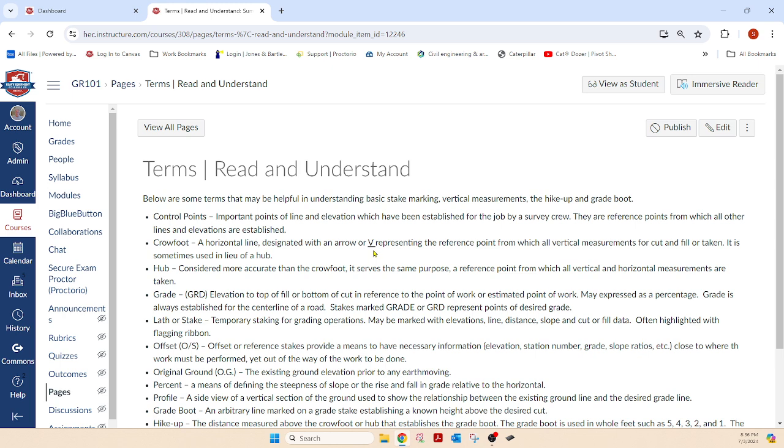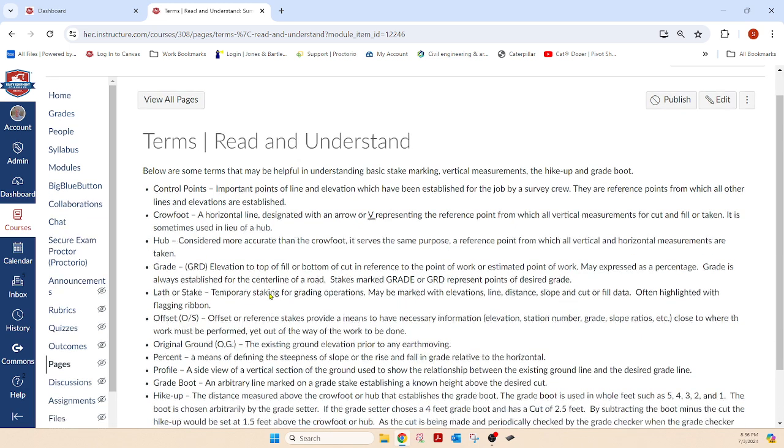Now, if you use the ground for a reference point and it rains and you're in sand, it's liable to wash away that reference point. But if you put a mark on your stake, that line is still going to be there, whether the dirt washed out from under it a little bit or not.